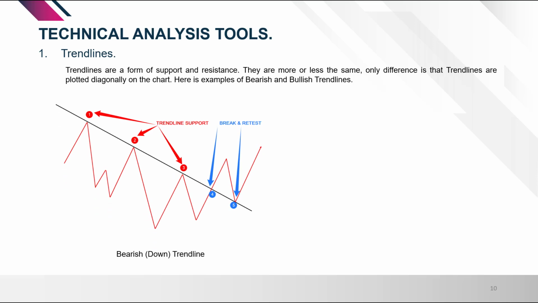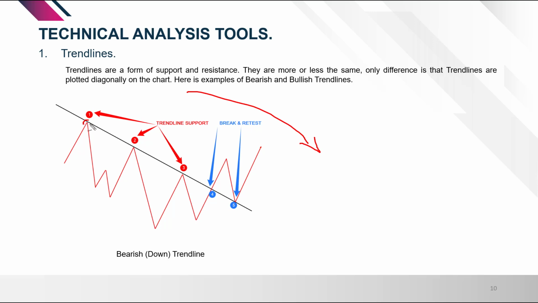Number one, you can see the illustration of what a bearish trend line looks like. The red line represents price movement on a chart. We all agree with that. But during that price movement, price is in a downtrend as described in the previous section.